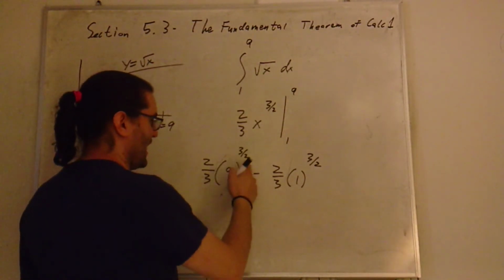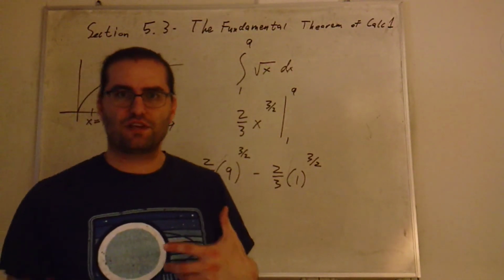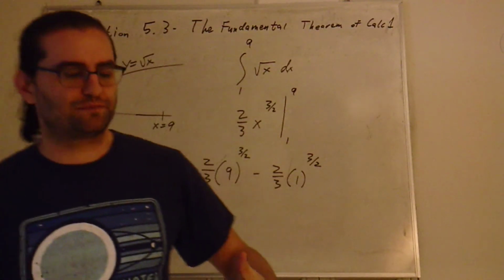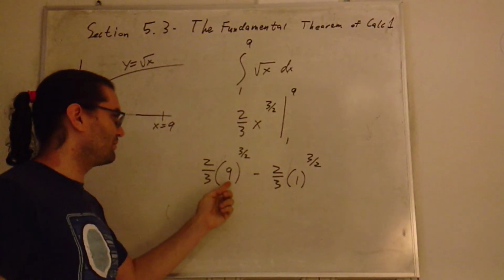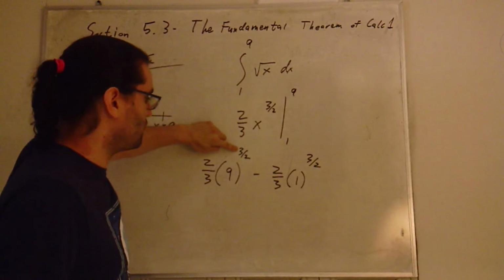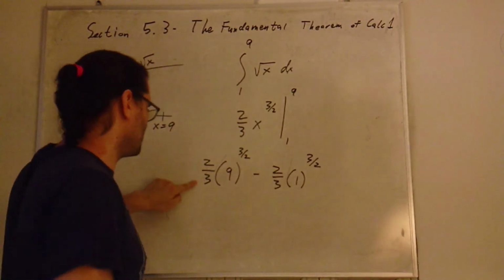9 to the 3/2 means take a square root and then cube it. So 9 to the 3 halves, the square root would be 3, cubed is 27, 2/3 of 27 is 18.